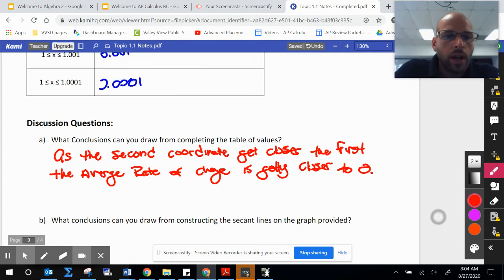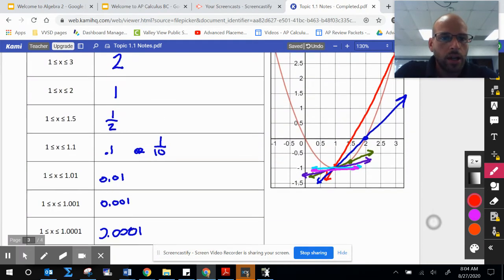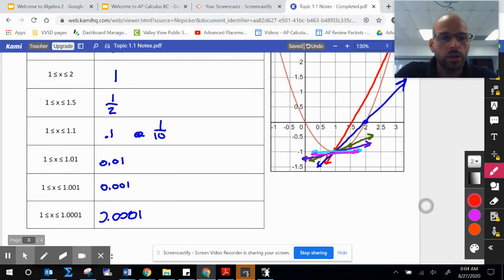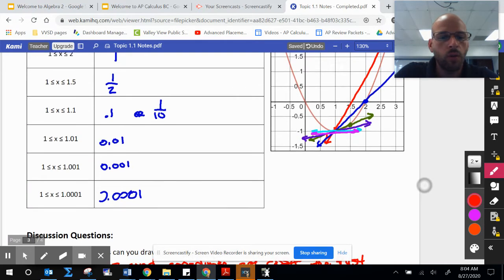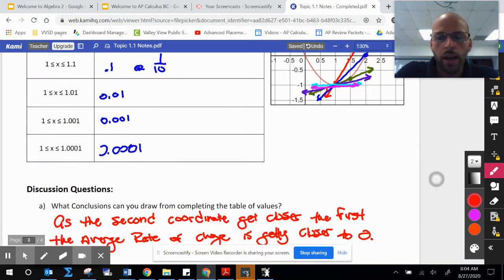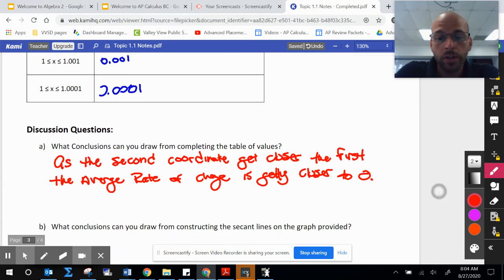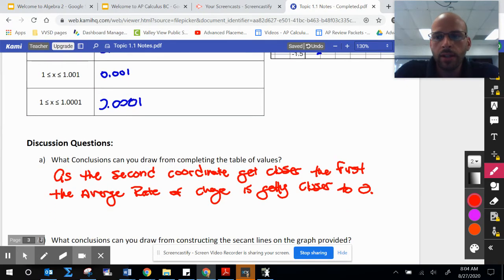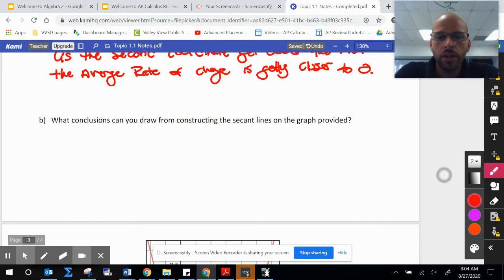If you look at the table, we started at an average rate of 2, but as those points get closer and closer together at the value of 1, our average rate of change is getting smaller. It's getting 10th, 100th, 1000th, 10,000th. So it's getting very, very small.